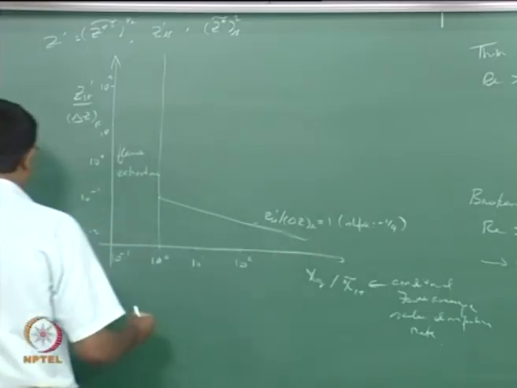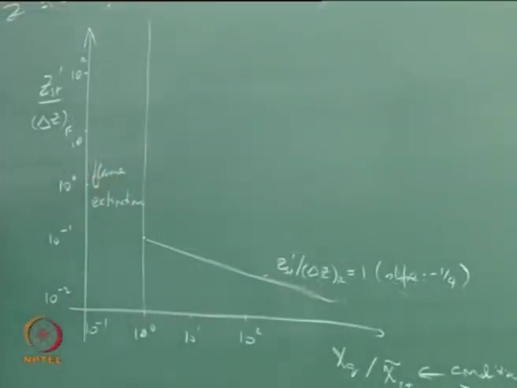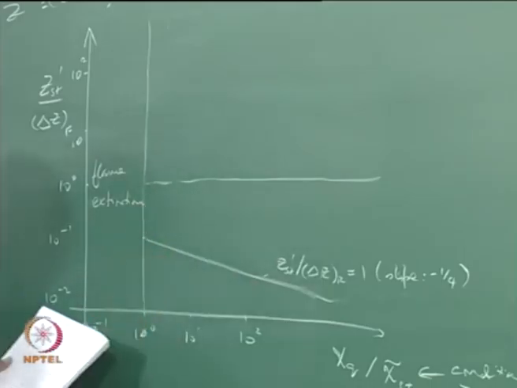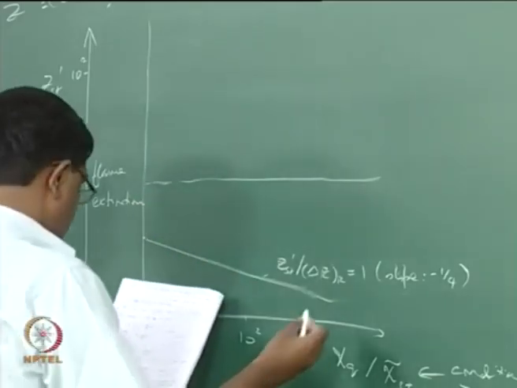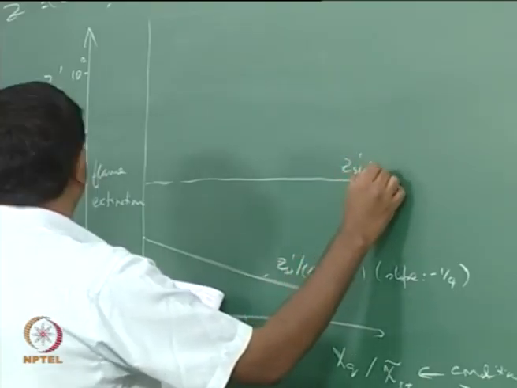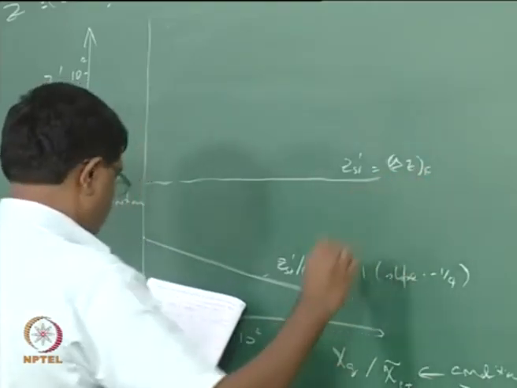And then you also have one more situation, similar to previously, where we had u prime comparable to SL and zst prime comparable to delta zf. So that's here. So this is zst prime equal to delta zf.